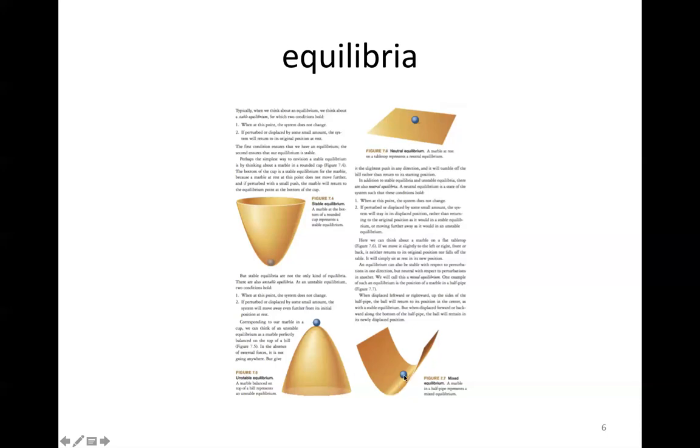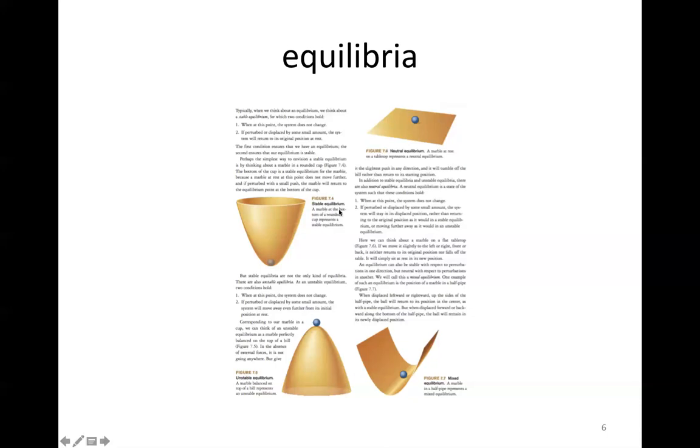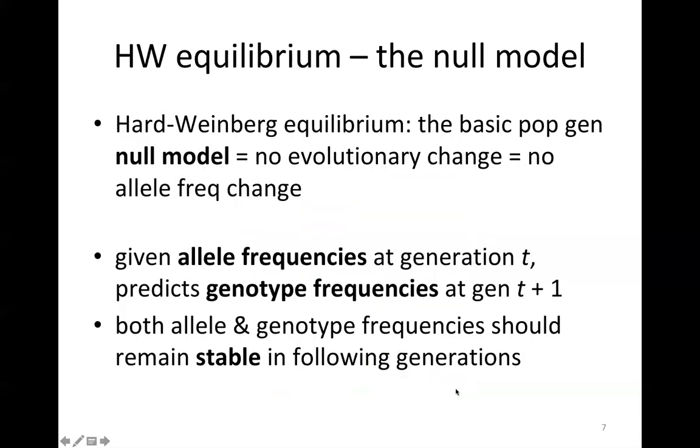But along this axis, let's call it the y-axis, there is no force that makes the population more likely to be here than here. Okay, so these are different equilibria: stable, unstable, neutral, mixed, and we'll see examples of these.